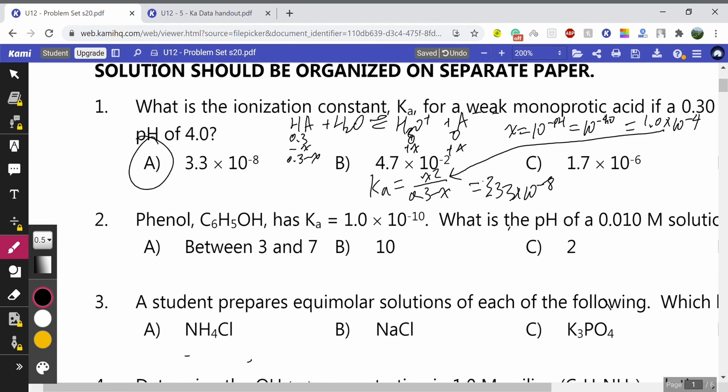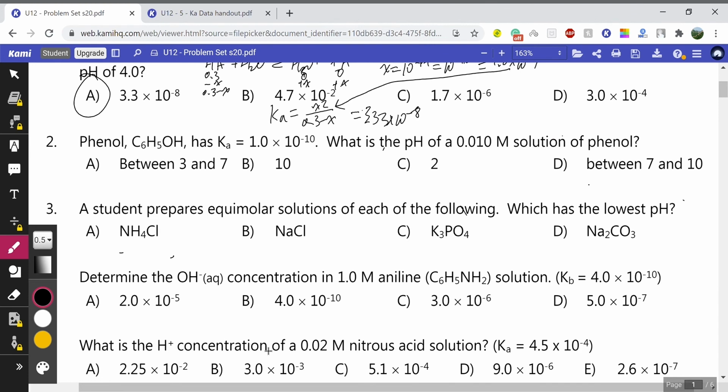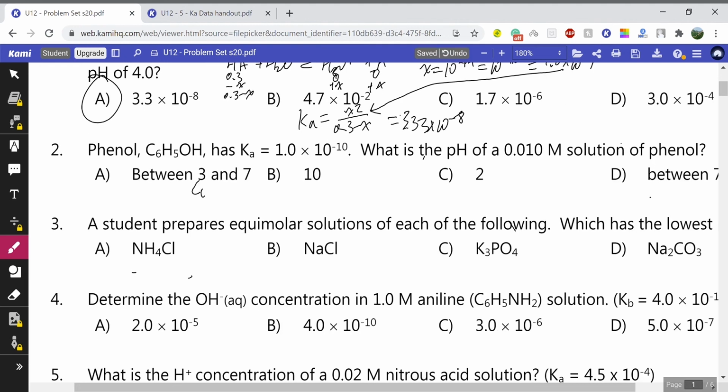which is our answer choice A. Okay, now for number 2, it's asking us to find the pH of this acid. The problem gave us the Ka value, so we can do an ICE chart. C6H5OH plus H2O is going to donate a proton to form C6H5O minus plus H3O plus.